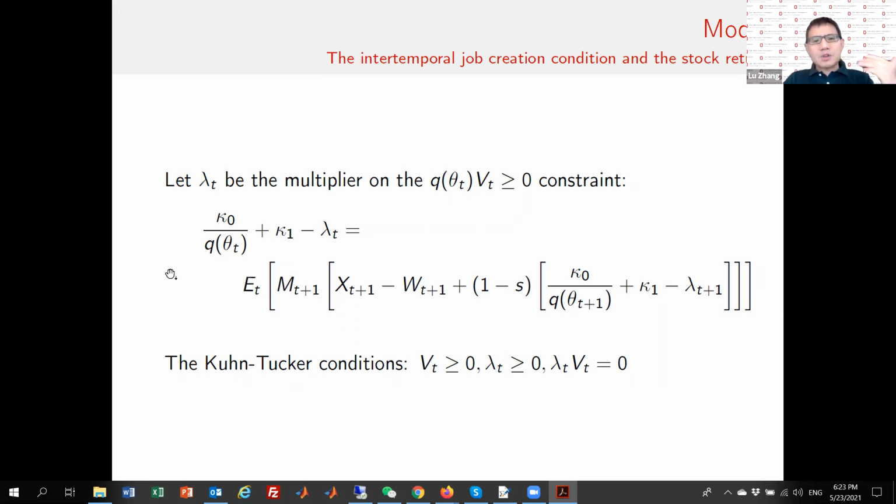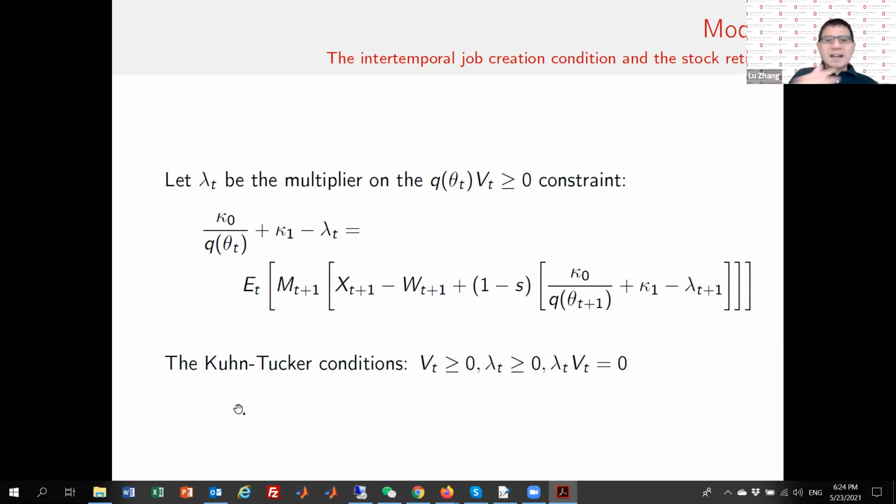Basically, after you pay the marginal cost of hiring, at the beginning of next period you're going to have one extra unit of employment, and that worker is going to produce the marginal product of labor for you, and you have to pay the worker the wage rate. And then at the end of next period, net of separation, you're going to have an extra unit of employment, and that's going to be worth the marginal cost of hiring next period for you. So that's the continuation value.